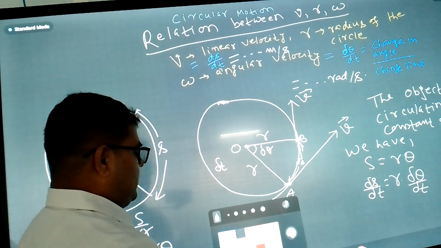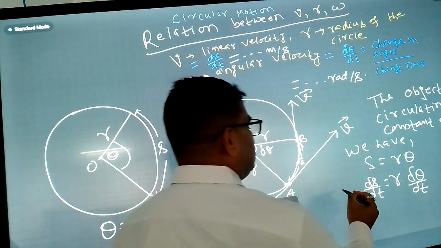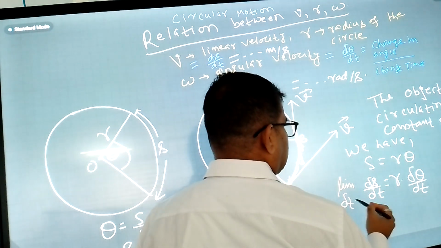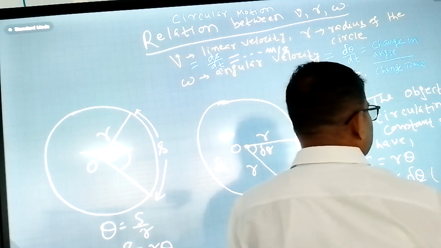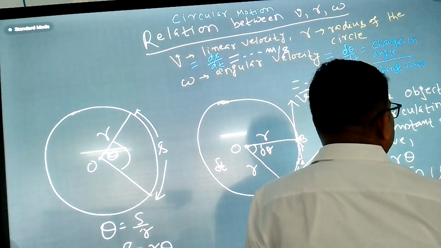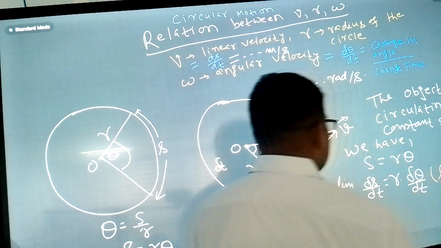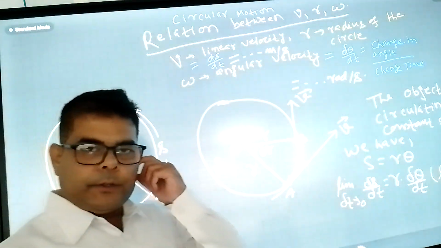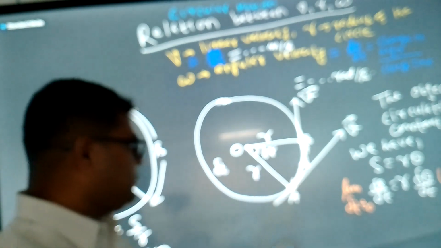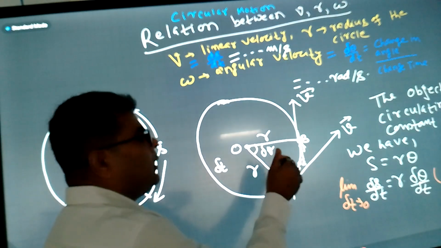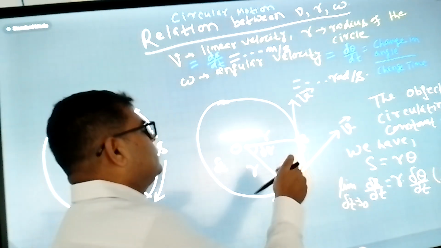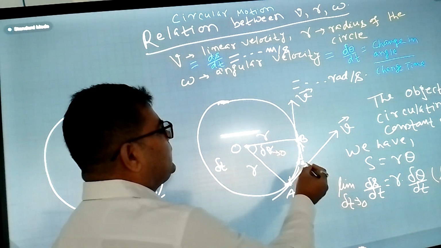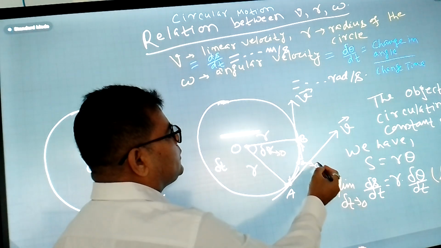Now here we apply the limit del t tends to 0, and here also we apply the limit del t tends to 0. What happens when delta t tends to 0? If the time goes towards 0, then del theta will also go towards 0, and del S will also tend to 0.